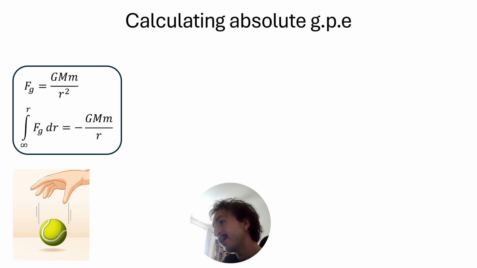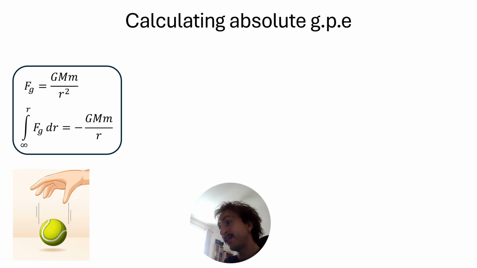But at infinity, the potential energy should be zero, because the gravitational force is zero. So as an object moves closer to a planet, as r decreases, the potential energy has to diminish from zero. It has to become more and more negative, and that's why we have a negative sign.